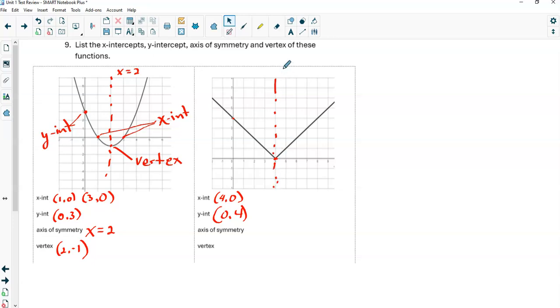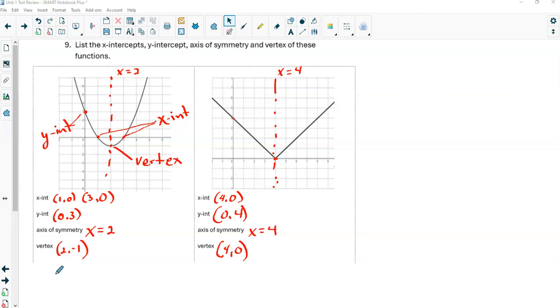So that is x equals 4. And my vertex is at 4, 0 at the x-intercept. Pretty neat, huh?